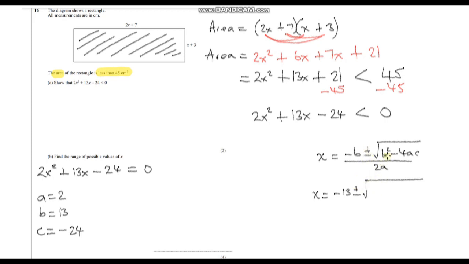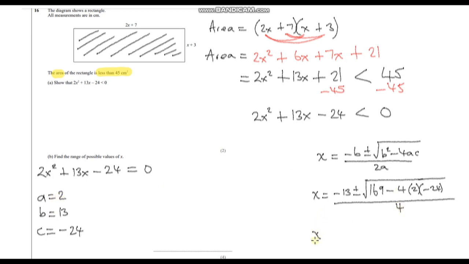So plus or minus b squared. So 13 squared is 169 minus 4 times a, which is 2, times c, which is negative 24. Let's just extend our root symbol, and then all of that over 2 times 2, which is just 4.